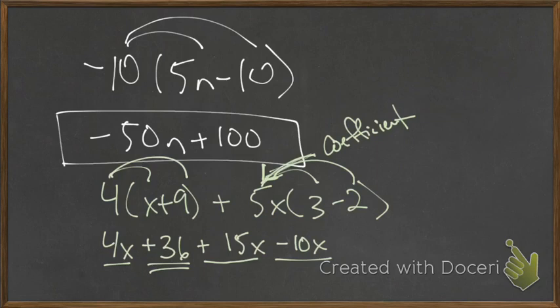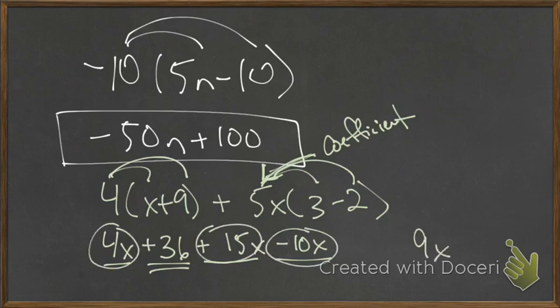So as I combine these, 4 and 15 makes 19, and then minus 10x, 9x. Oh shoot, that's a 10. 19 minus 10, yep, 9x, and then my plus 36 has to stay plus 36.